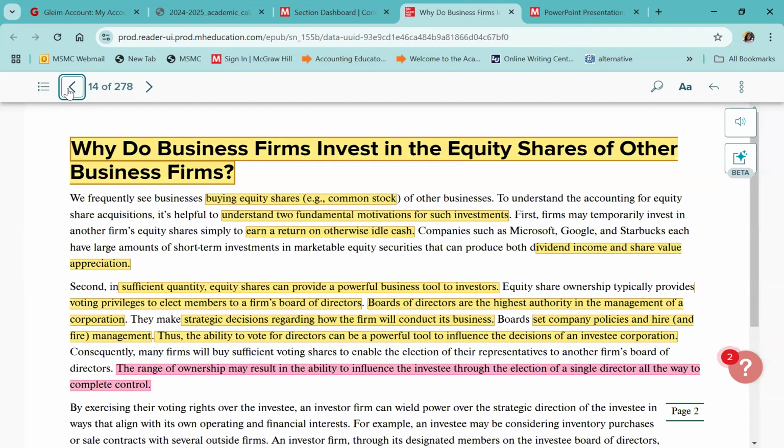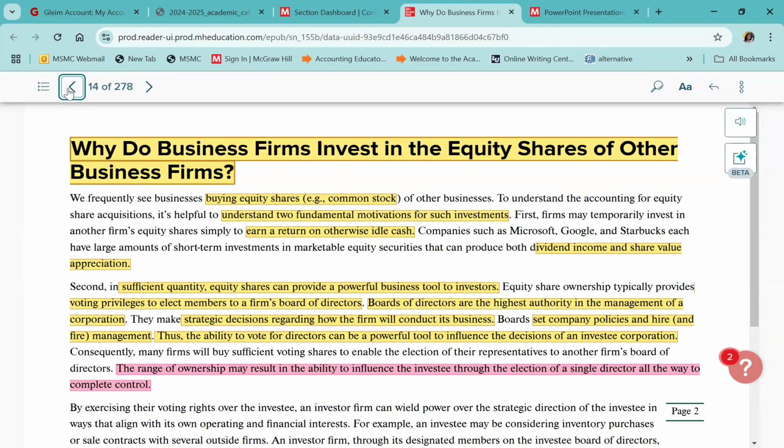Below 20%, okay, which means I buy stocks, company A, the investor, buy stocks in company B, and I own less than 20% in the investee in company B. And then there is 20 to 50%. So this is the second group.